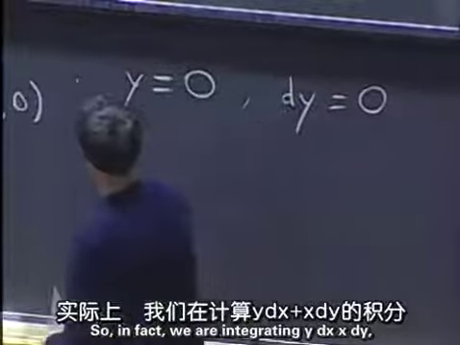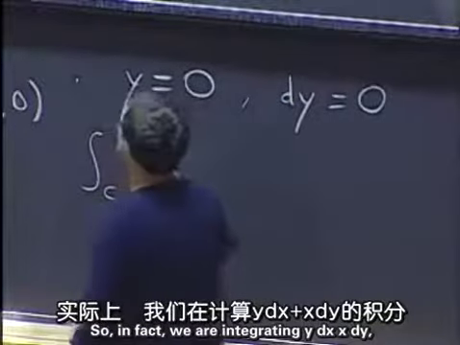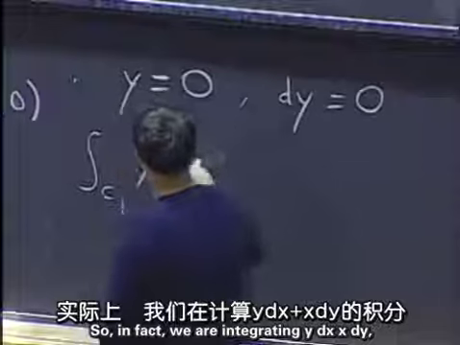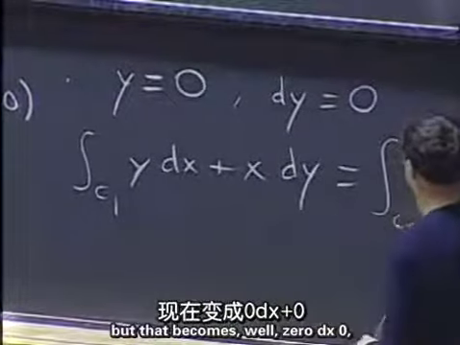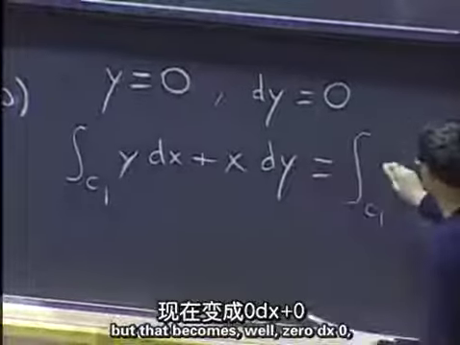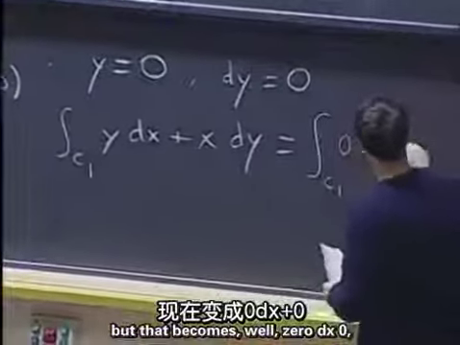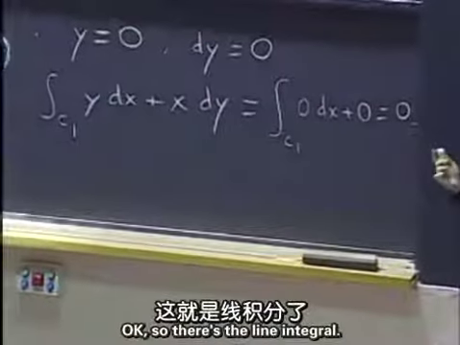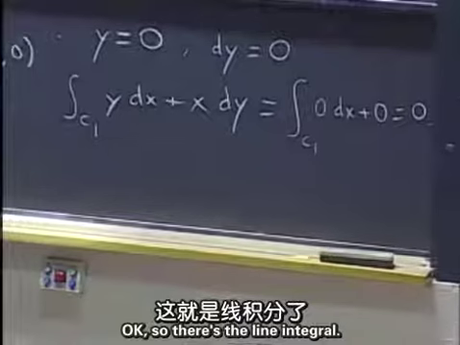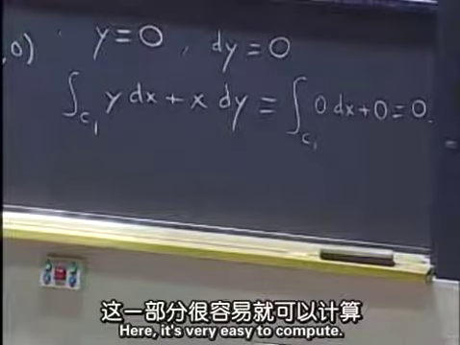So in fact, we're integrating y dx plus x dy, but that becomes 0 dx plus 0, and that's just going to give you 0. Okay, so the line integral here is very easy to compute.